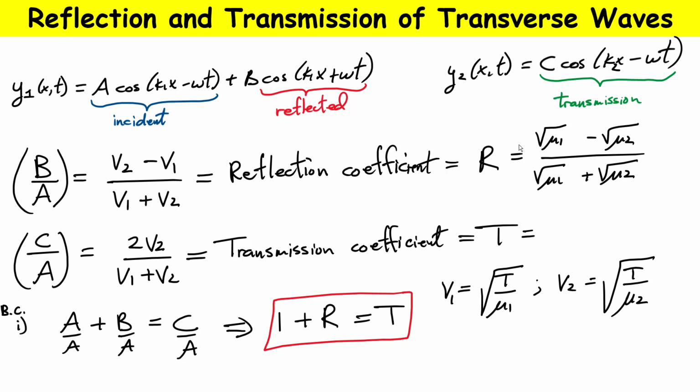And this other one you can write as 2 mu1 over, again, the same thing, mu1 plus mu2. Use the fact that the tension is the same in both strings. You have to do a little bit of algebra here in order to simplify this, but it's not too difficult to show this.